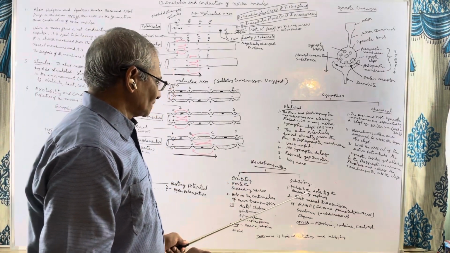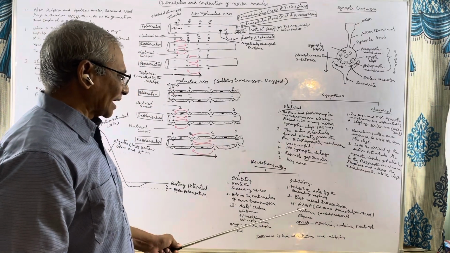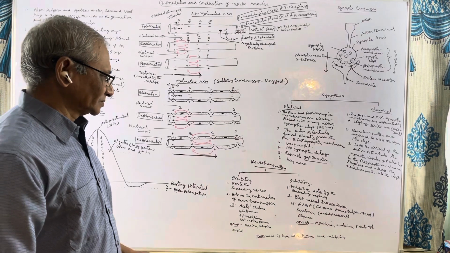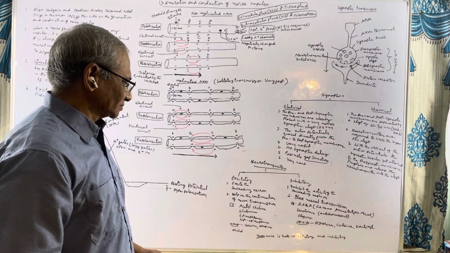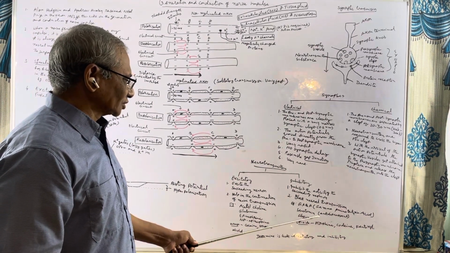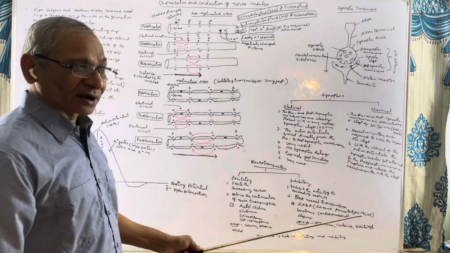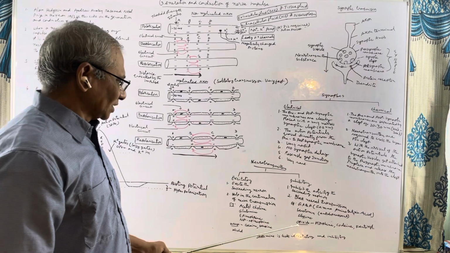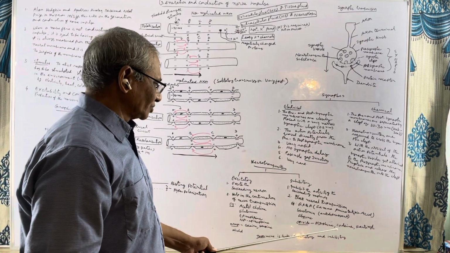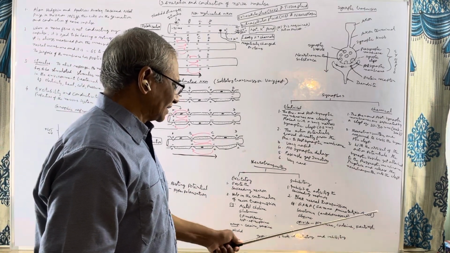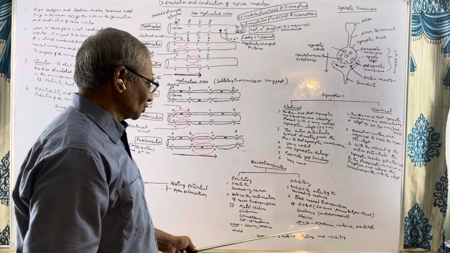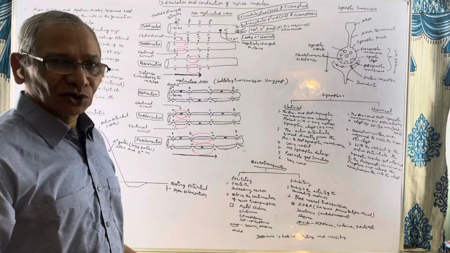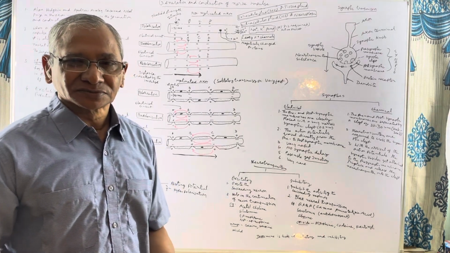Examples for inhibitory transmitters are GABA, gamma amino butyric acid, serotonin. It is also used as antidepressant drug. Glycine. Then morphine, codeine, fentanyl. We have studied about morphine, opioid. These are all inhibitory neurotransmitters.